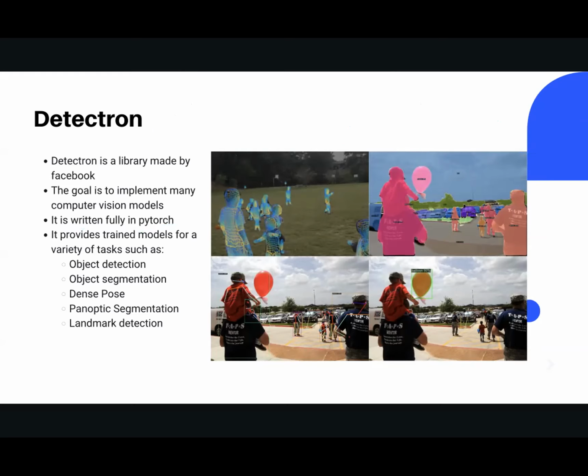It's built on top of PyTorch, which gives you extreme flexibility to access any of these values. So as we said, just go from your predictor class dot model, and there you go. You have yourself the PyTorch model that I think you at least have some familiarity working with. It provides trained models for a variety of tasks, as we said, object detection, hundreds of those, object segmentation and panoptic segmentation, dense pose estimation, landmark detection, and much, much more.